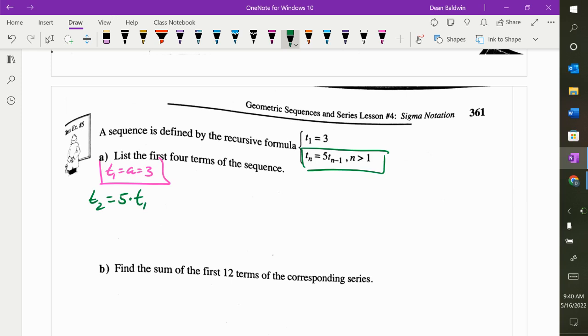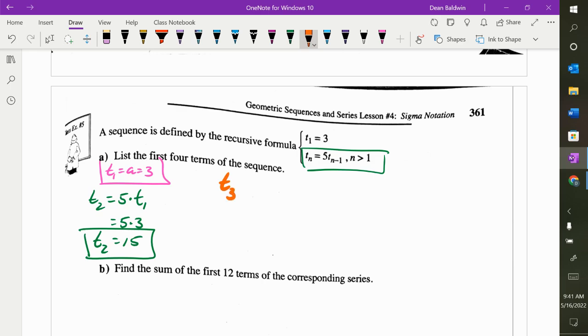Does that make sense? All I did was put n is equal to 2 into this formula. I put a 2 there, I put a 2 there. 2 minus 1 is 1, so 5 times T1. Well, T1 was 3. So T2 is going to be 5 times 3, which is 15. There's T2.